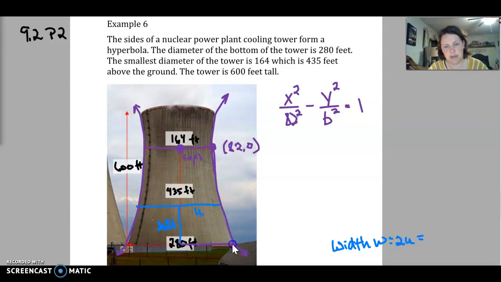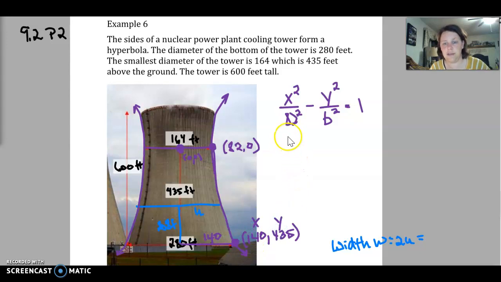So this comes out and meets our hyperbola, and that point, if this is 0, 0, then we're going to go to the right 140 units, because that's going to be half of the 280. That's going to be our x value. Our y value is how far we came down from the center. So we come down 435 feet to get to this point right here. So that gives us an xy point.